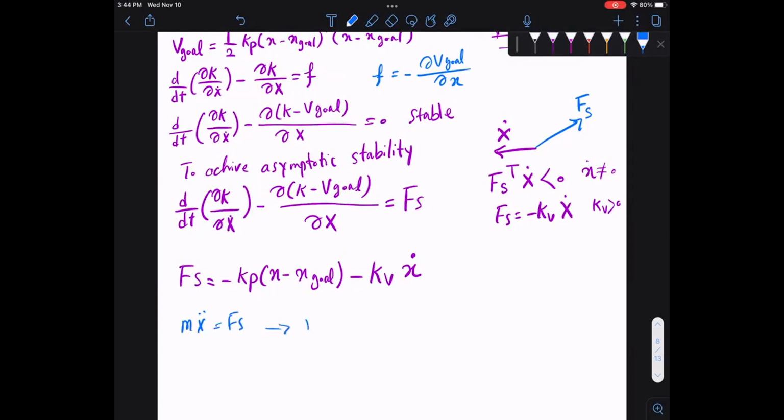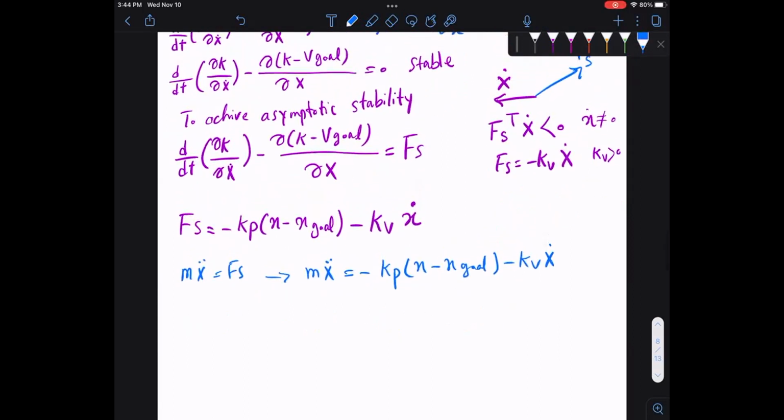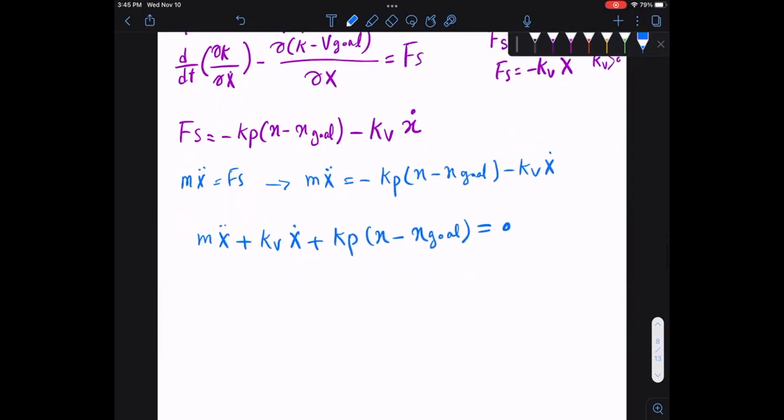So if you write it, mx double dot equals negative Kp times x minus x goal, minus Kv x dot. Now if I rearrange: mx double dot plus Kv x dot plus Kp times x minus x desired, or x goal, equals 0. If I can solve this, the system is stable, you're going to stop where I want it. So this is your control law.